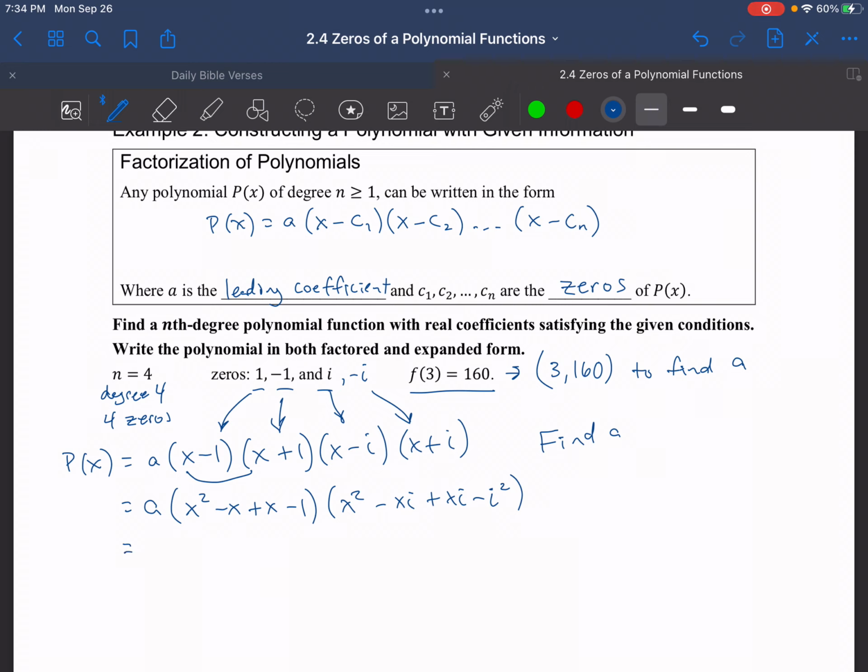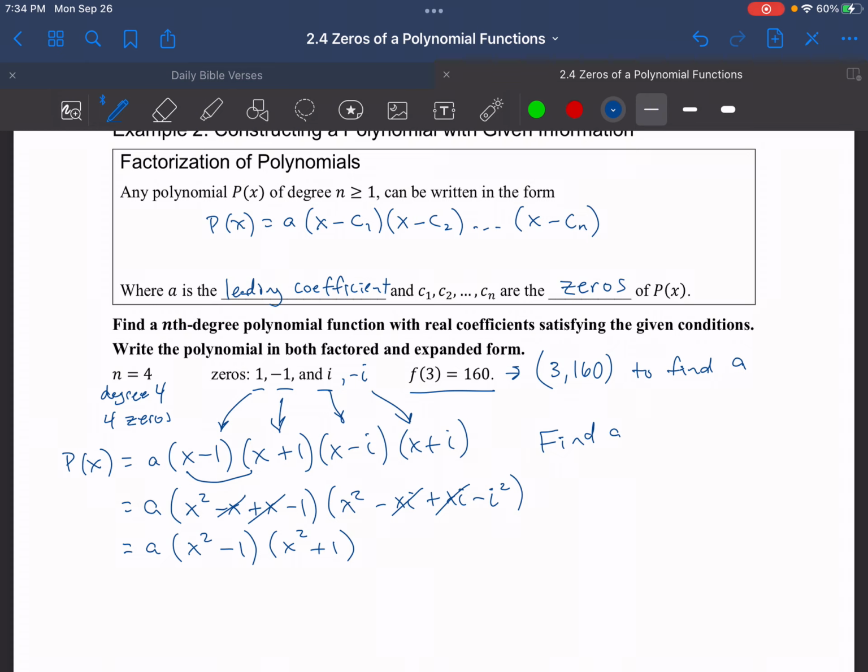We can simplify those down. This is A times (x squared minus 1), because those two will cancel, and then these two will cancel, and so it'll be x squared minus 1 times x squared, and i squared, remember, is negative 1, so this will be x squared plus 1, just like that.